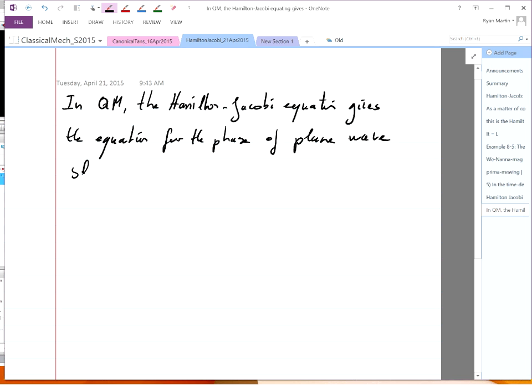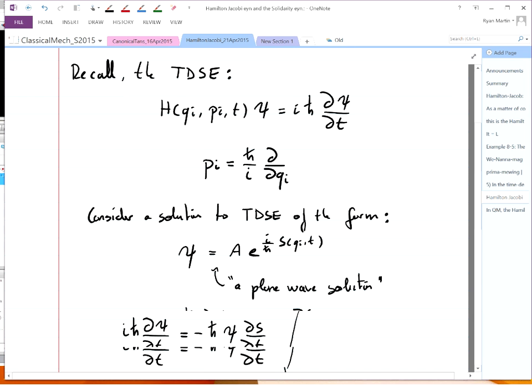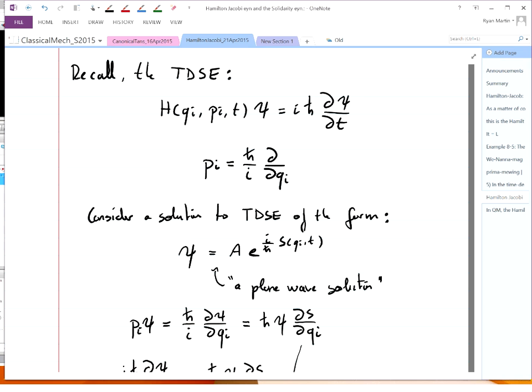That's a little bit complicated thing to say. So what we did is we took the Schrödinger equation, we assumed a solution of the form a plane wave solution with this exponential times i over h bar S. The S part, we call that the phase of the wave. And that phase, the equation for finding that phase, is the Hamilton-Jacobi equation.